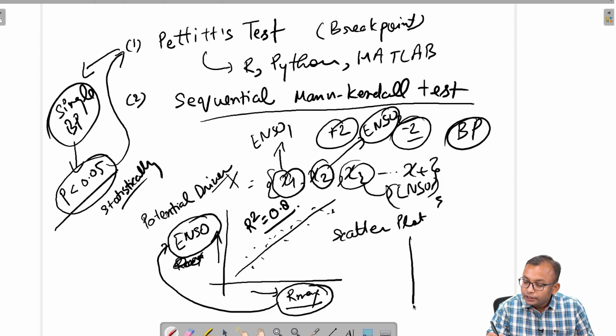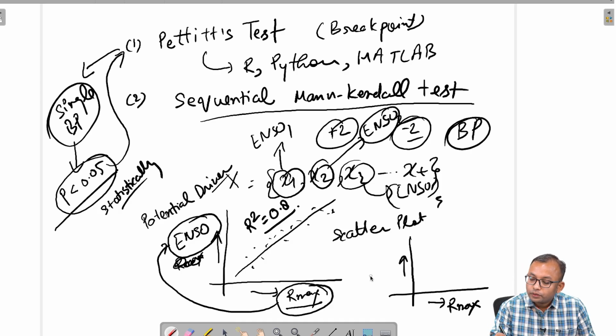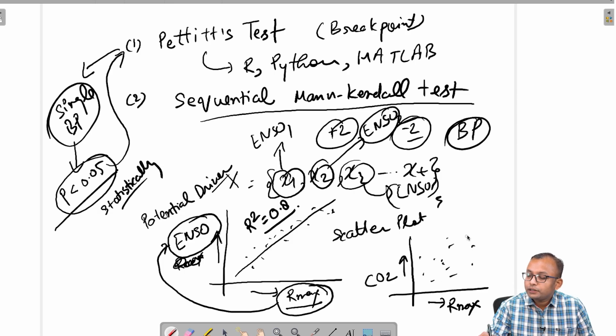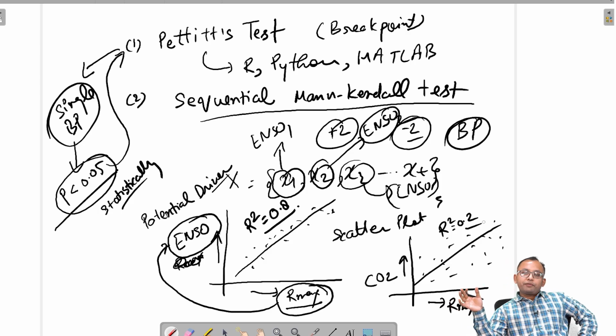It might also be possible that you have R max data and you plot some sort of, let's say, CO2 global concentration, and it is not giving you a good result, and R square is coming out to be 0.2 or something like that, which means there is a very poor correlation between your extreme value and the global variable, and therefore these two things are not correlated with each other, and it is less likely that one property is a potential driver of your R max or extreme events.